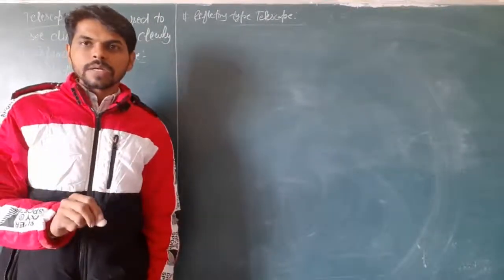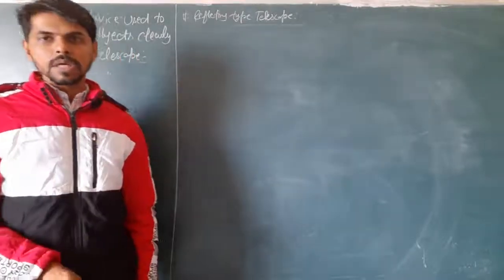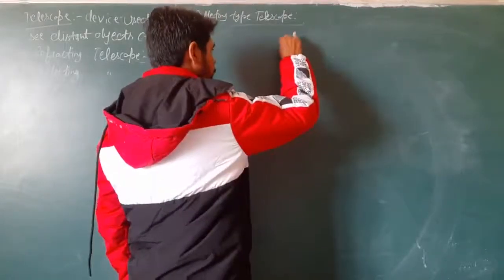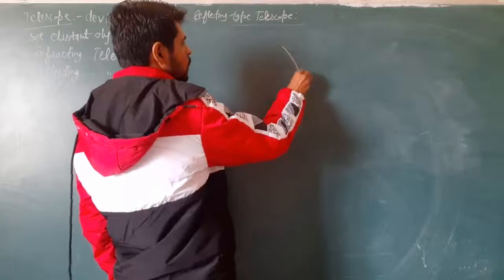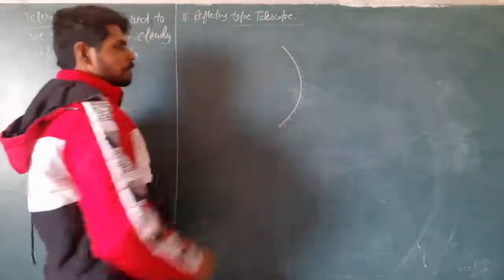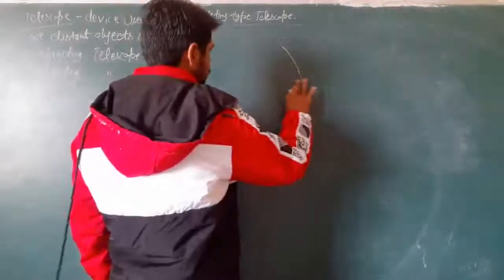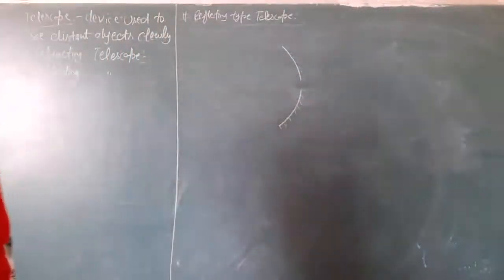In this reflecting type, objective is not a lens. This is a concave mirror of large aperture having an opening. So this concave mirror acts as an objective in reflecting type telescope. This is the opening in the center, through which light can be passed to the eye lens.